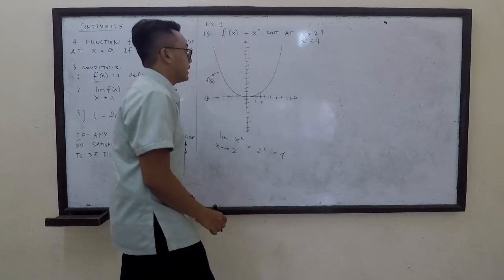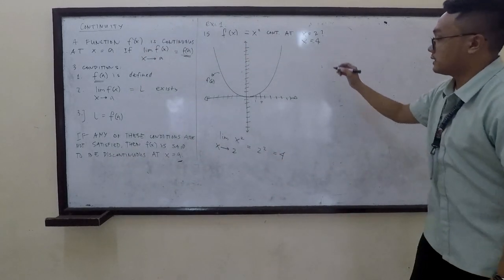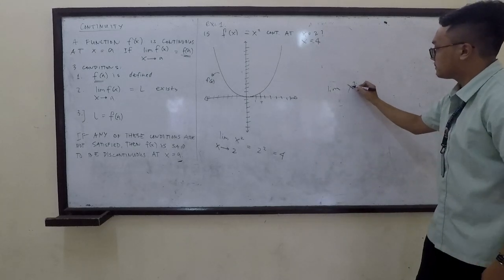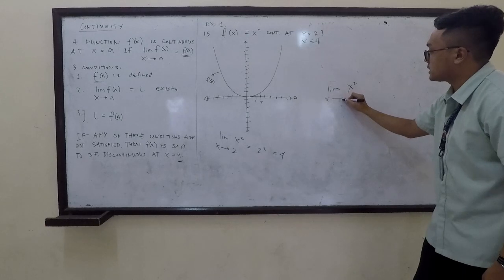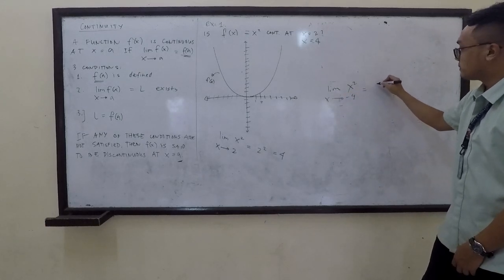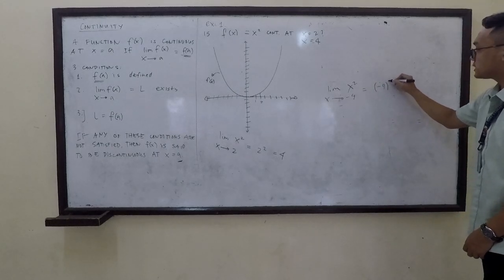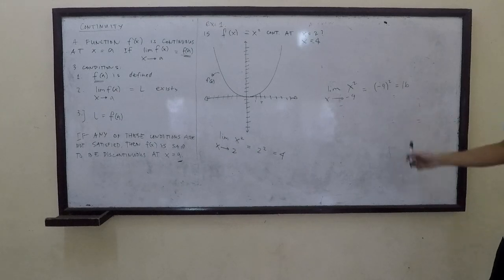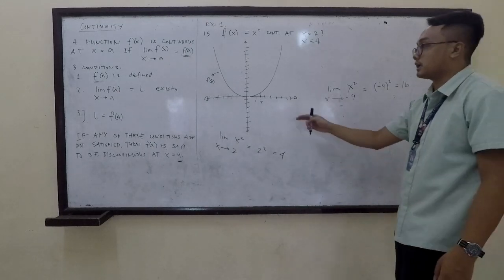So let's check that. The limit of the function x squared as x approaches negative 4 is equal to negative 4 squared, which is 16. So therefore, it is continuous there, at 16.